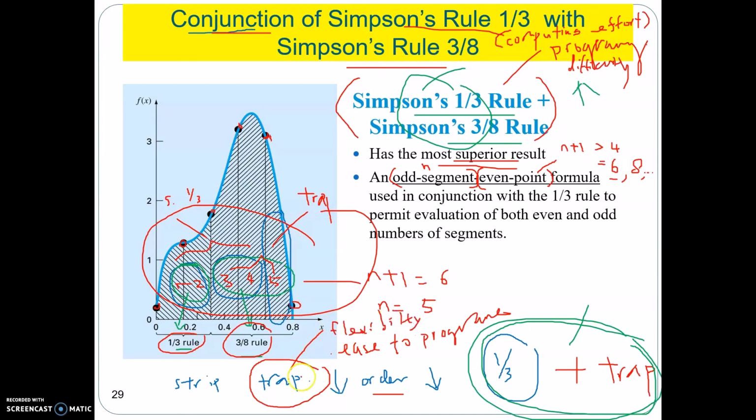as this method can be applied whether the total number of points is odd or even, and we can increase the accuracy by increasing the number of segments. By doing this, the computational time will be increased. So this is the disadvantage of the trapezoidal rule.